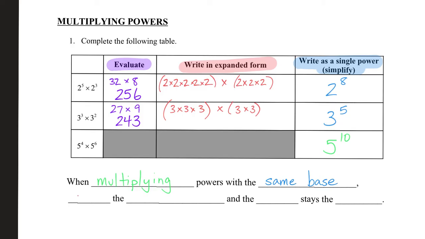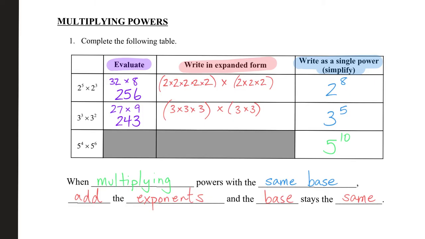What did we really do? We add the exponents. And sometimes, maybe the most important point, the base stays the same. And you're going to hear me say that with some oomph today. That might be the most important part for us.